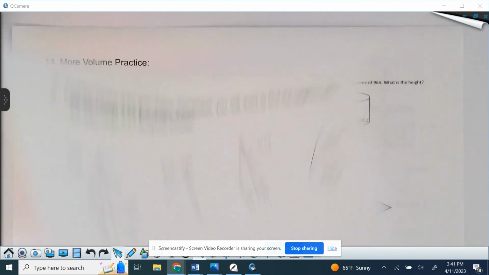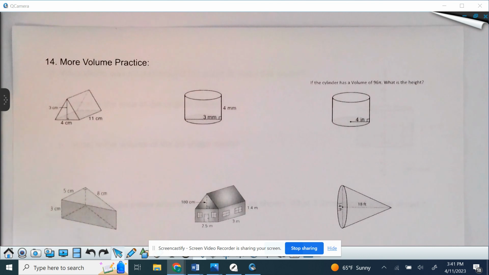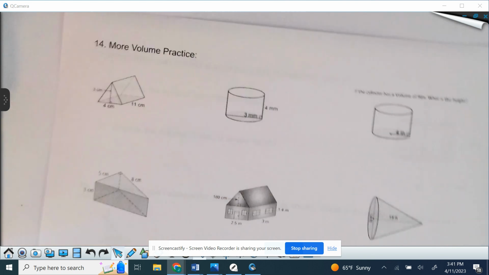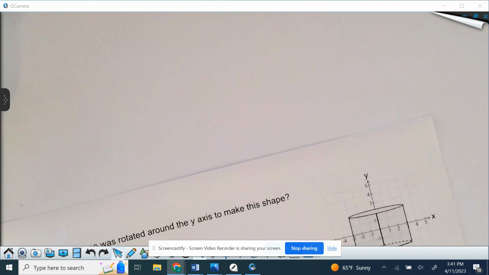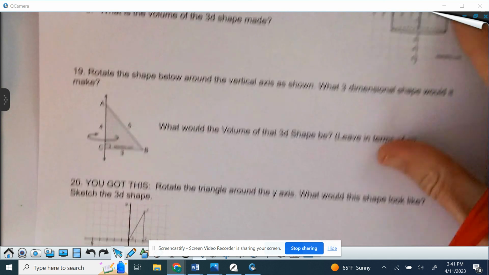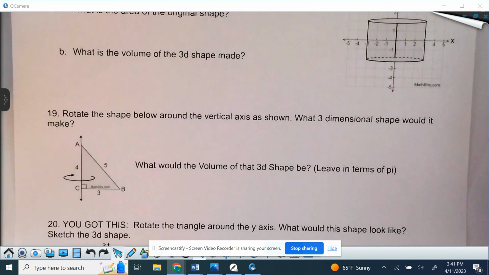And then if we have time, we'll get into lots more and probably skip over the basic volumes that are shown here in the diagrams and get down to the word problems and then your rotations, because the rotations at the back of this packet are very similar to the EOC release question that had to do with volume and putting it on the coordinate plane. So again, that's another one of those. I believe the IXL is pretty good at showing the shape, but you have to be able to visualize it. All right, so until next time, as far as the videos are concerned.